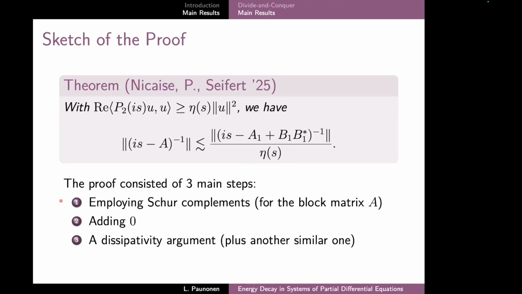And the proof consisted of these three parts, where we first employed the Schur complements to analyze the inverse of the block operator matrix. And then we had this adding and subtracting of suitable terms to introduce the resolvent of the system 1 under negative feedback. And finally, we used a dissipativity argument in order to estimate some parts of the resulting expressions.